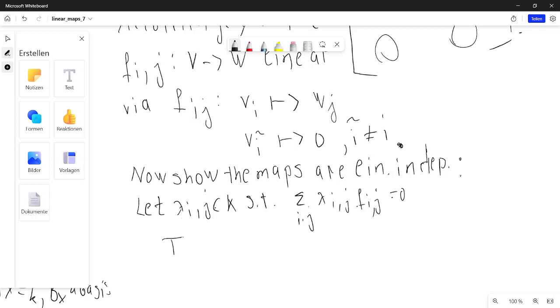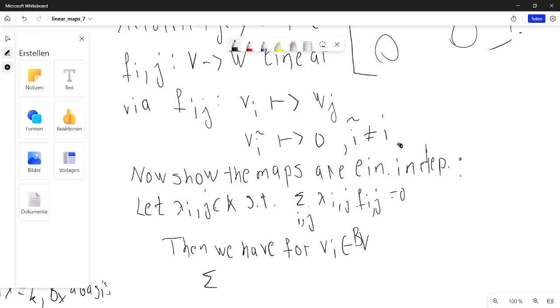Then we have for vi element V, that is, we go through all elements of V, we go through all the i's in the basis, right?